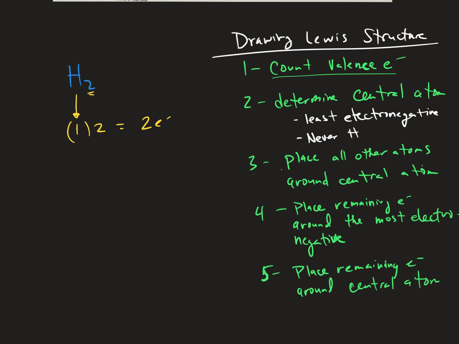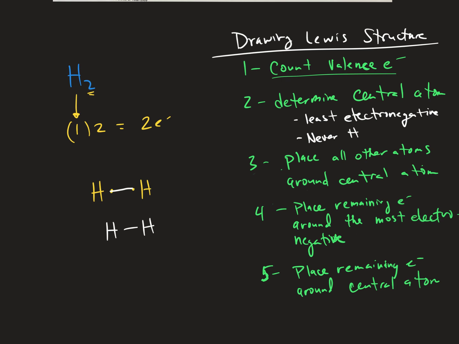Now, ladies and gents, I'm gonna show you something real quick. There it is. There's hydrogen, right? If we draw the Lewis structure, the way that we draw this is we just bond them together. We don't draw dots. Are we good? So the way we do it is just H with a line in between the 2 H's.